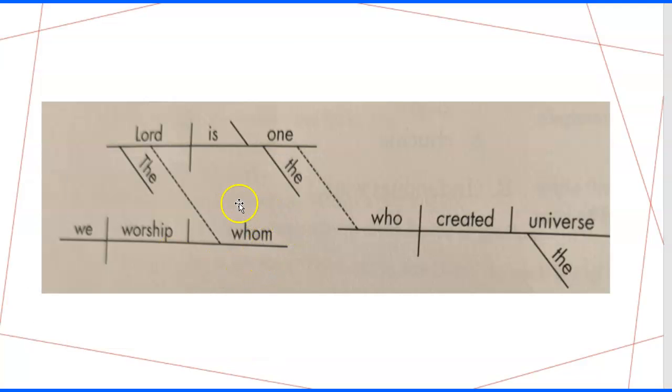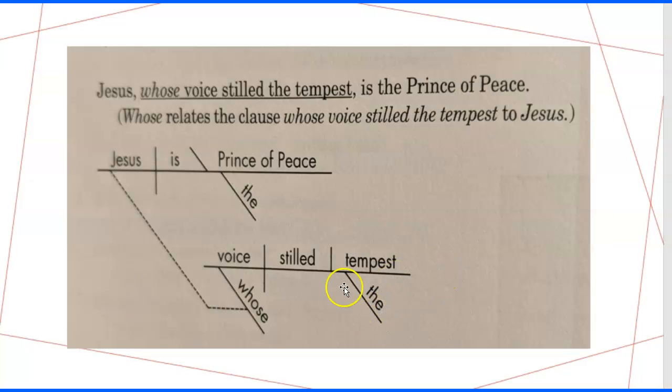Then here's where whom shows up because it's objective case. And here is where who shows up because it is nominative case. So try to remember all three of those and where they show up in the diagram.